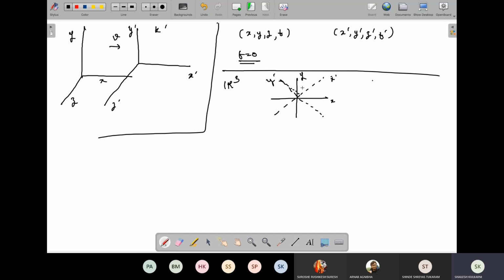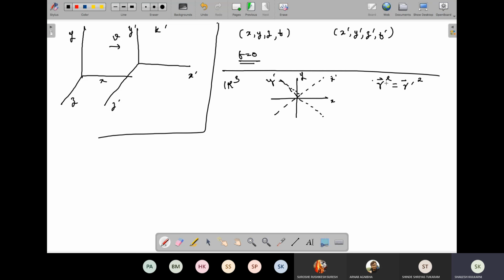Suppose there is one frame and I construct another frame by rotation by an angle theta. This rotation will not change the distance, like I said before, so r square in one frame and r square in the rotated frame is not going to change.